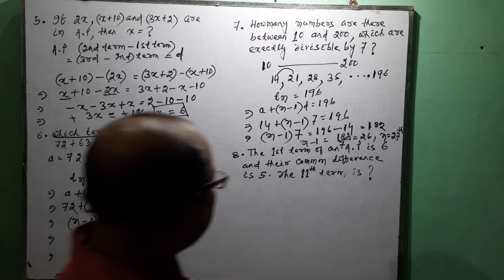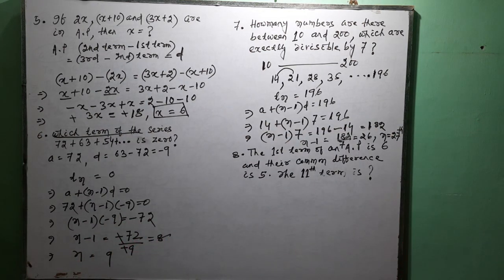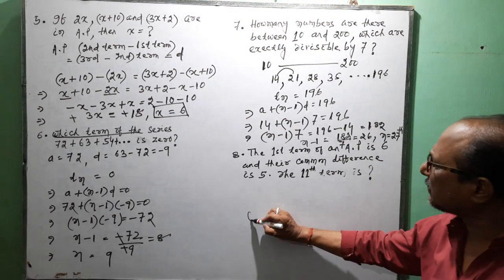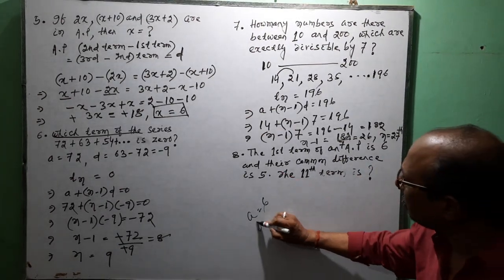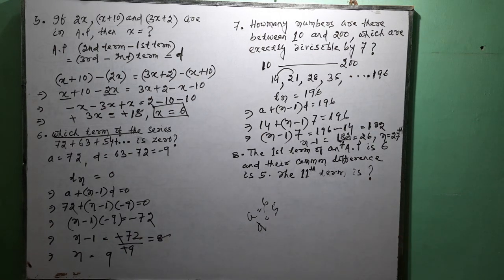Next, the first term in an AP is 6. The question is easy. A is equal to 6. The common difference is 5, D is equal to 5. What is the 11th term?